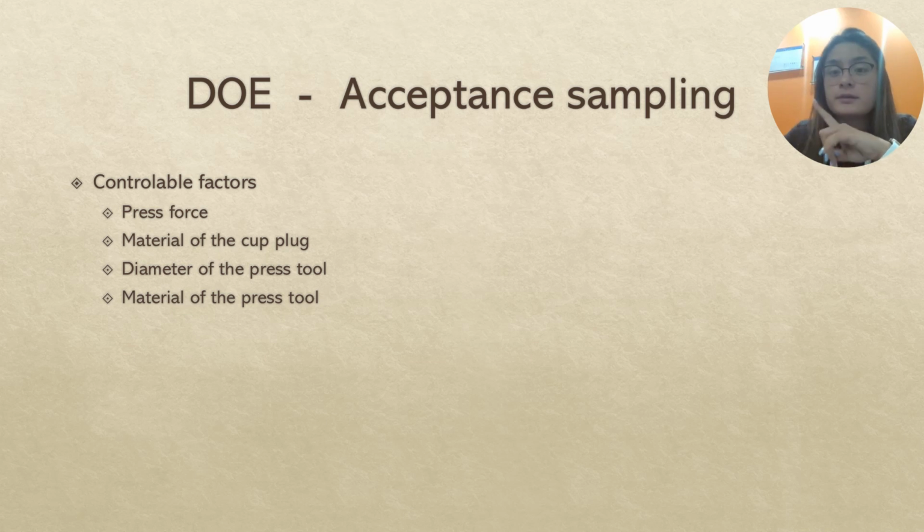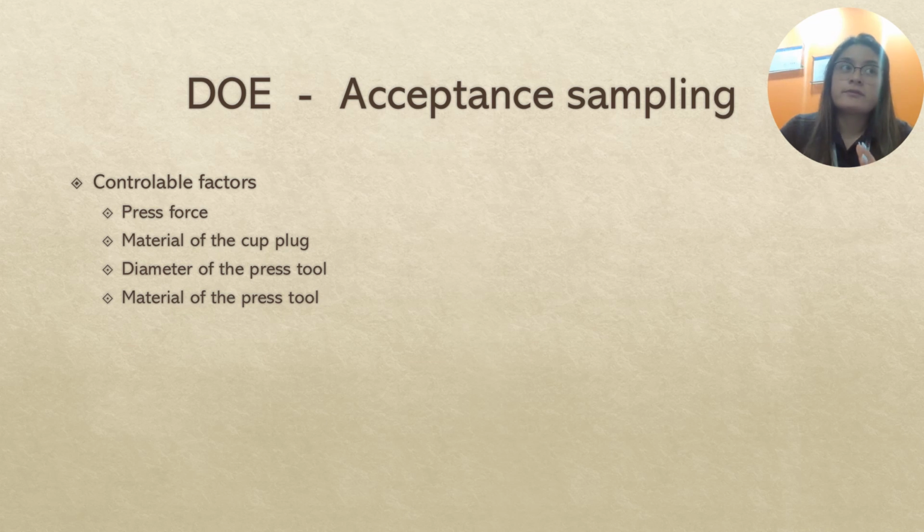First of all is the press force that we are applying on the cup plug. The second one is the cup plug material, just to know if we have to make it a little bit harder. And the other two are for the press tool, because the process can be changed, and this will be for the diameter or the material of the press tool.